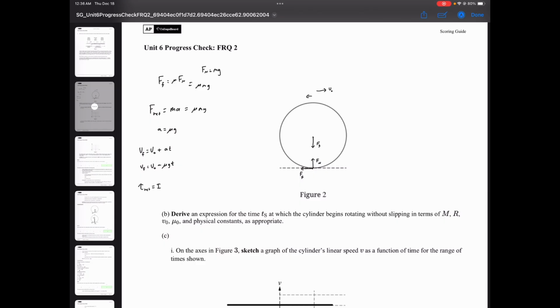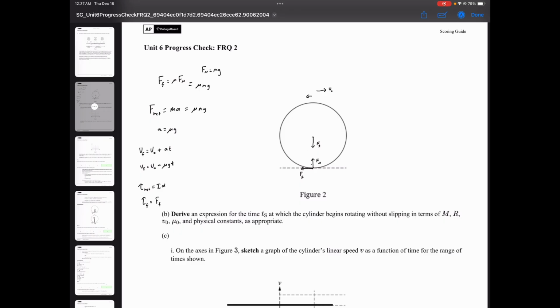I know that's equal to I times alpha, okay? And the torque caused by friction is going to equal the force of friction times the moment arm, right? So torque is equal to R times F, or R cross F, RF sine theta. But it's acting at a right angle with respect to the moment arm.